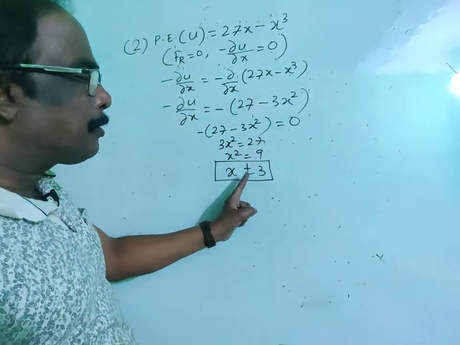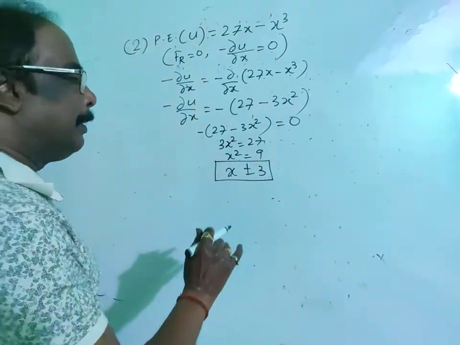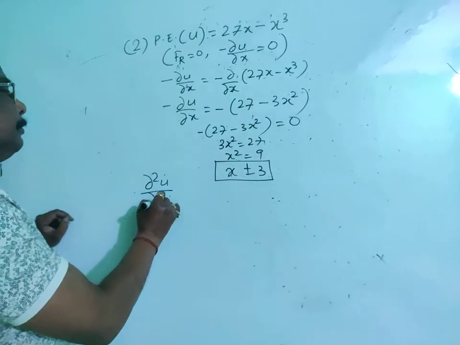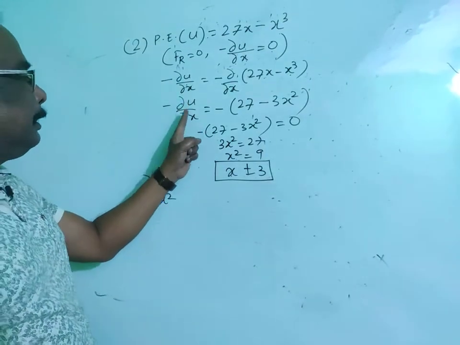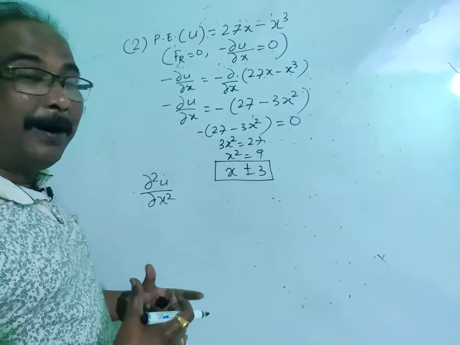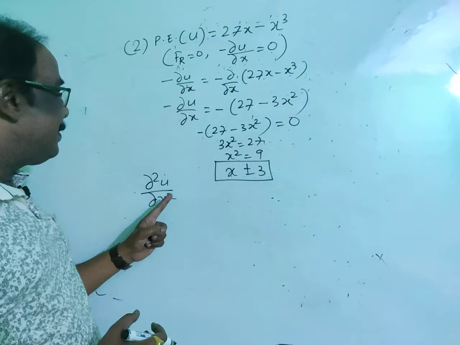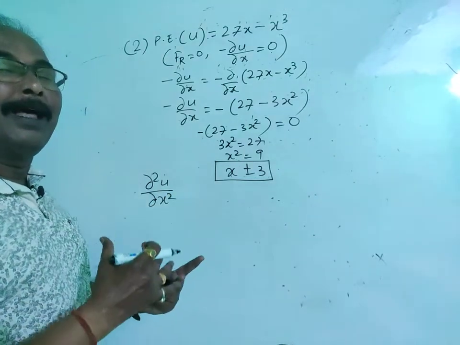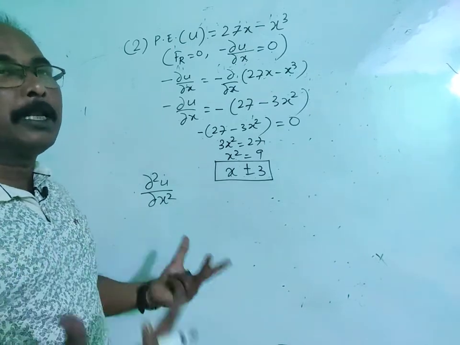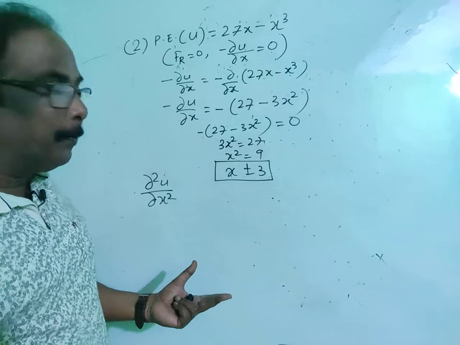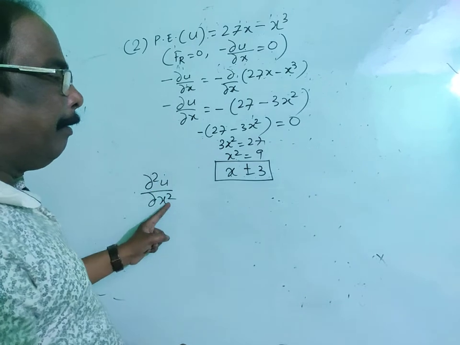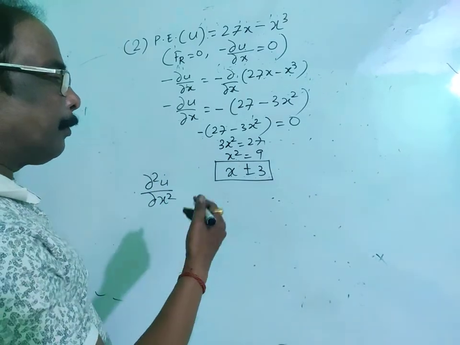In accordance with our form, if d square u by dx square is greater than 0, then it satisfies the condition for minima, means it satisfies the condition for stable equilibrium. So we need d square u by dx square.